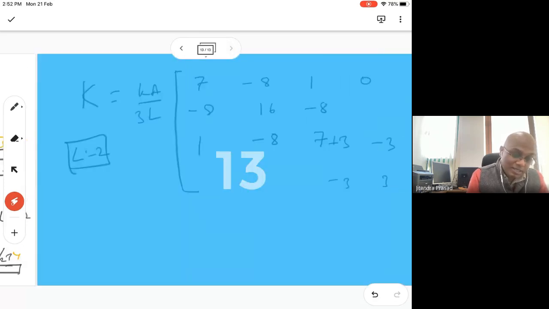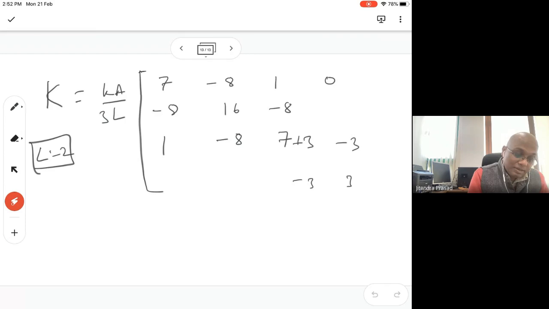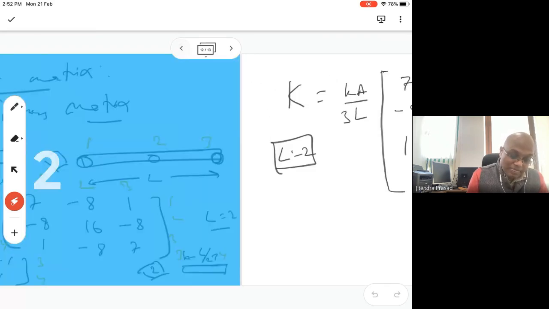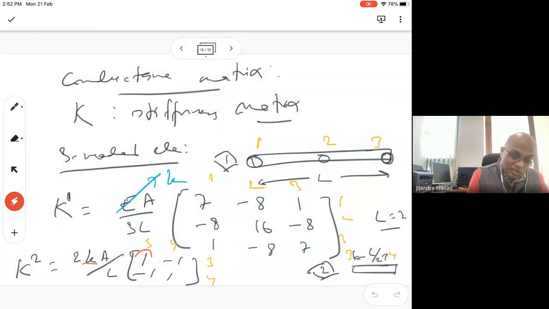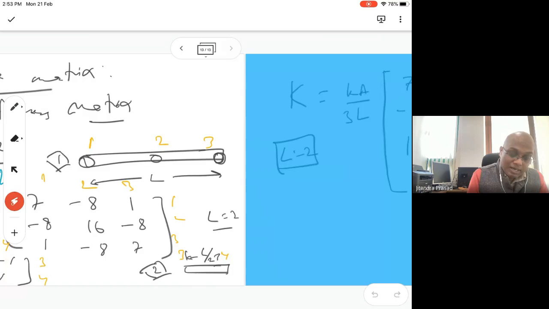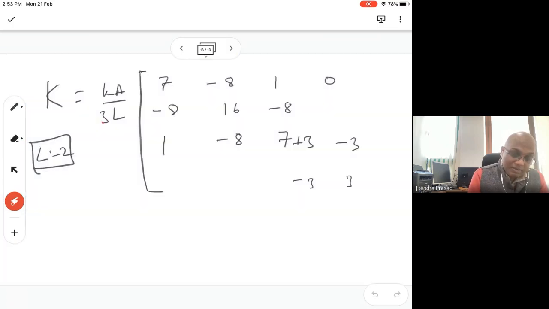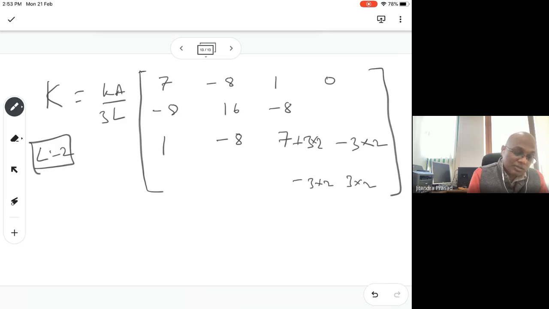So what do we get? We should have 2 here, right? And here, if you multiply 1, we should have 6 here. So let's multiply it by 2, by 2, by 2, by 2. So this is what it will be, Ka over 3L, the rest will be 0.